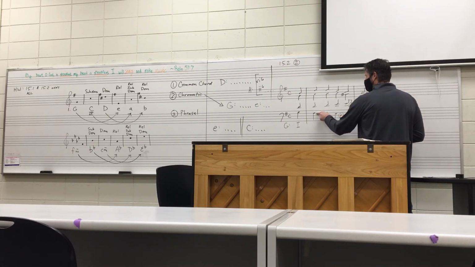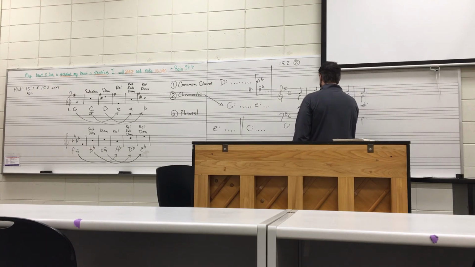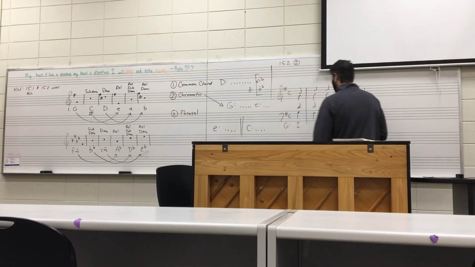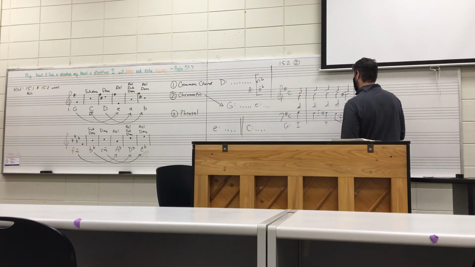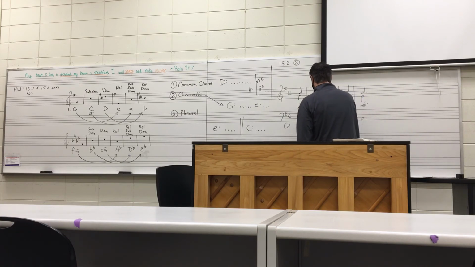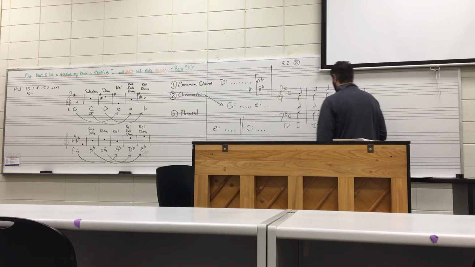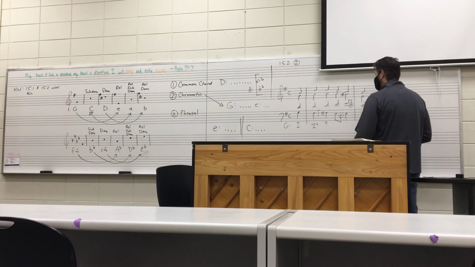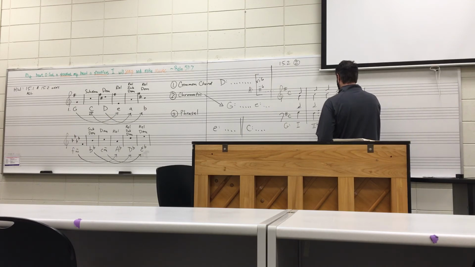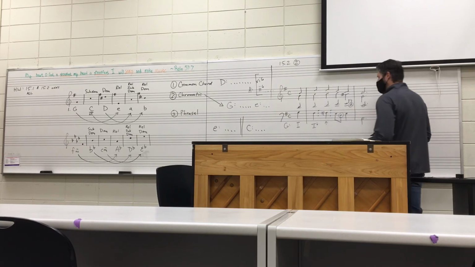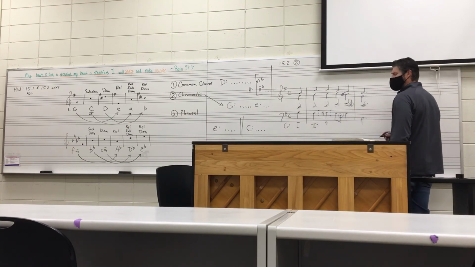If I analyze this chord, I've got F and D and A. So this is just 5/6. And then I've got F and D and A minor. That's a D minor chord.